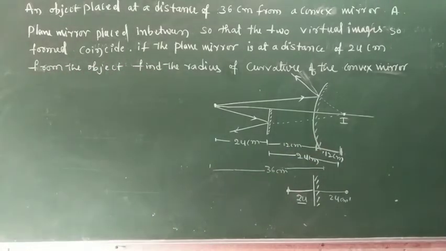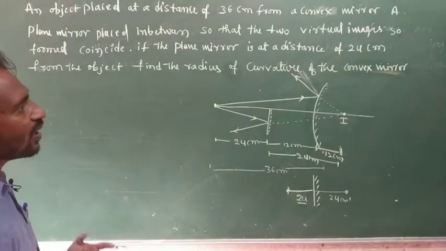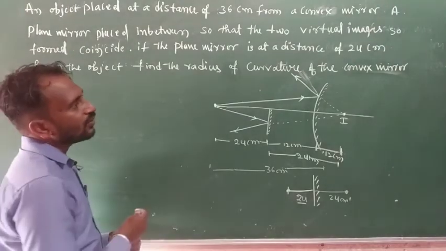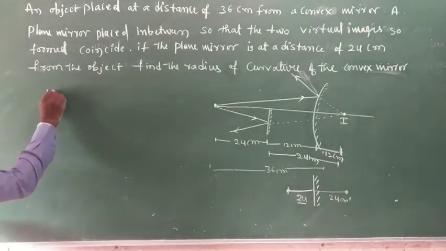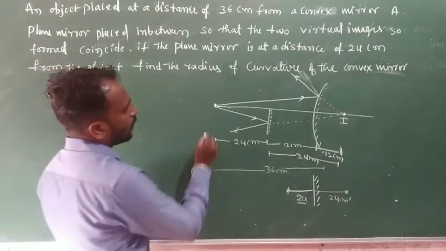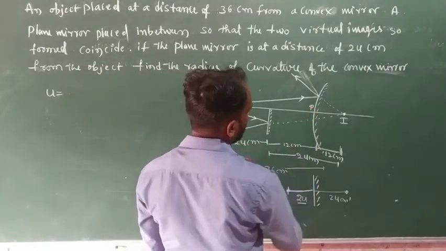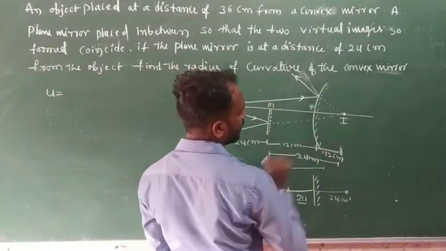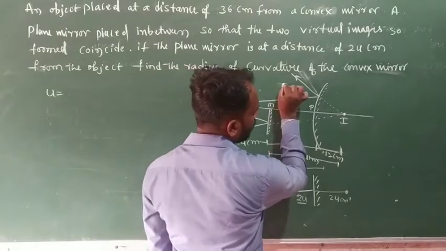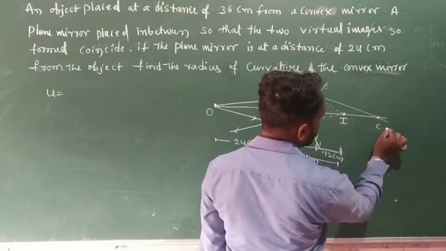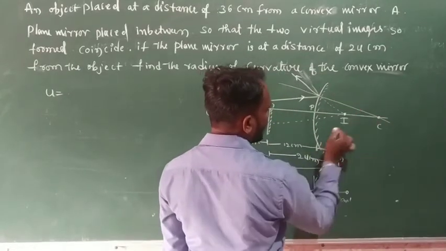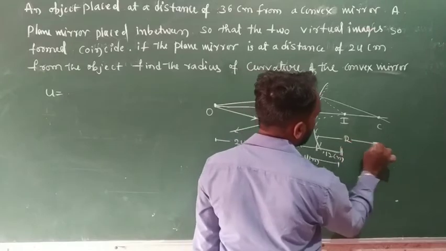Now we want to find the radius of curvature for the convex mirror. First, the object distance u. Object O, this one is the point P on the mirror, and this one is the image, and suppose this is the center of curvature. We want to find the R value.